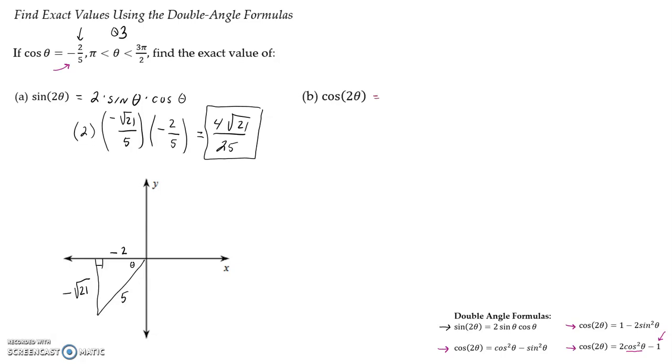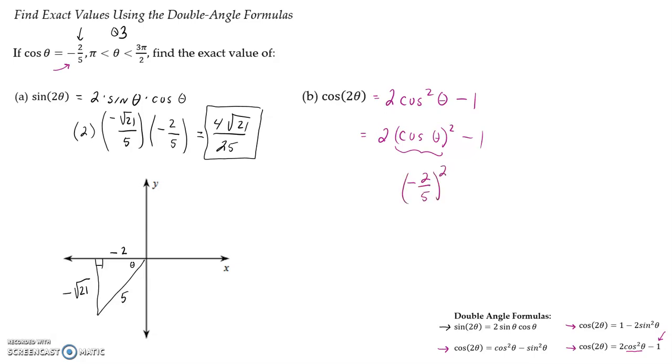So let's go ahead and use 2 times cosine squared theta minus 1. Keep in mind the cosine squared theta is the same thing as saying cosine of theta, that whole thing squared. Those are the exact same things. And let's go ahead and replace this with the information that we have. We know cosine of theta is a negative 2/5.